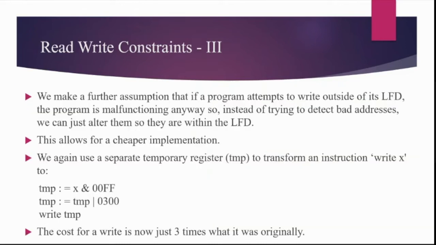Now let's come to another, better way. Everything is the same. The value of x is 0433, and the temporary variable temp is empty right now. So what we will do is perform the x AND 00FF operation.